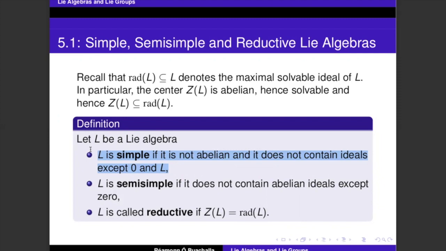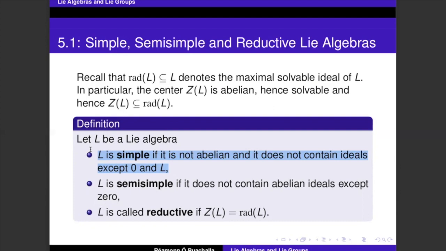If you look at the abelian condition here, that is not that restrictive actually, because if it has dimension 2 or greater and it's abelian, then it will contain abelian ideals. Clearly, any linear subspace will be an ideal because the thing is abelian. And that would contradict the second part of the definition.